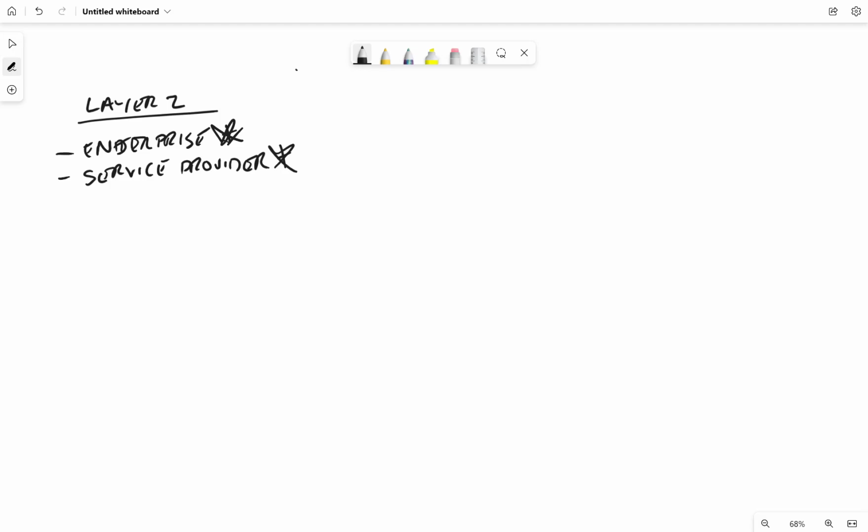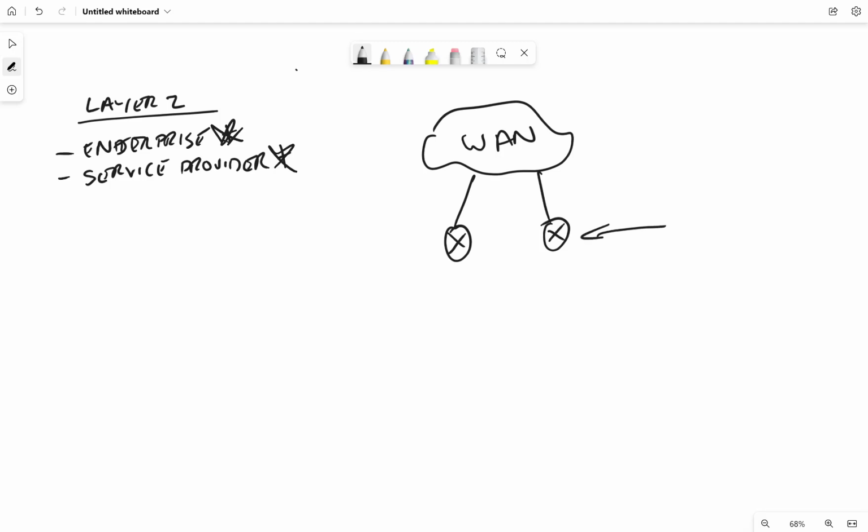Okay, so let's imagine that we have a wide area network and then we have 2 links into a site with routers, which are these devices that I've drawn here if you're new to networks or network design.